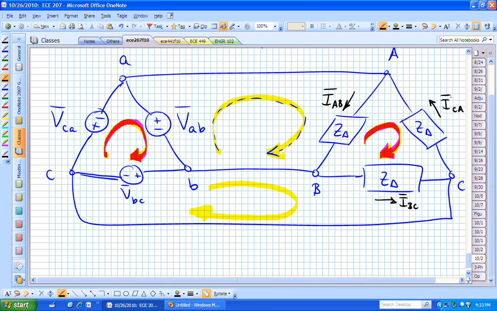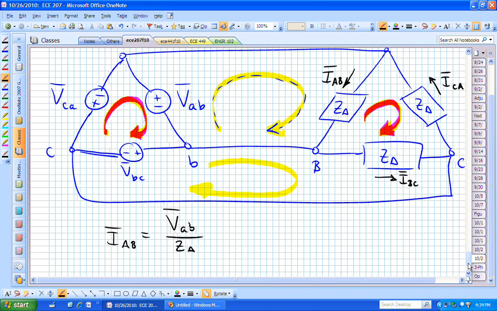And I sub AB is what? Is it clear that that's V sub AB divided by Z delta? Does that make sense?